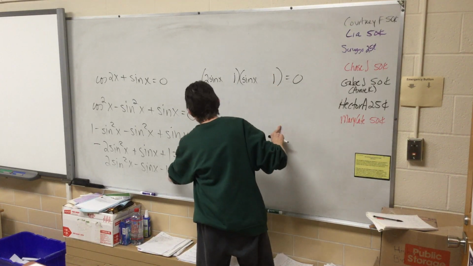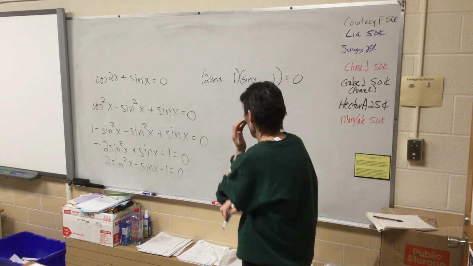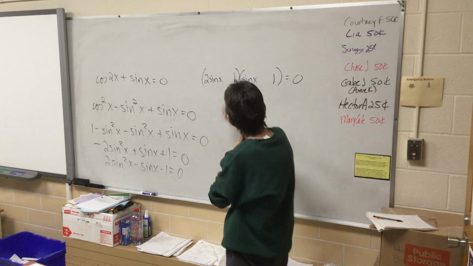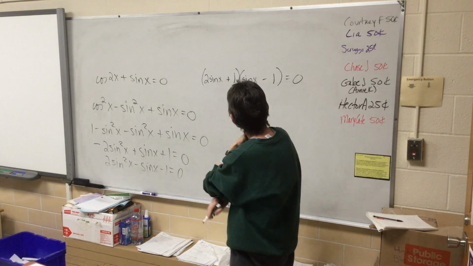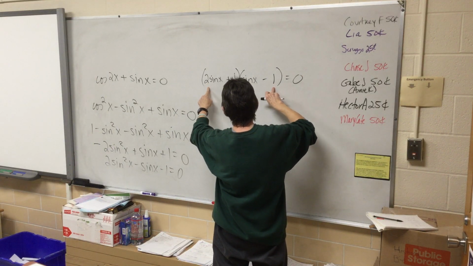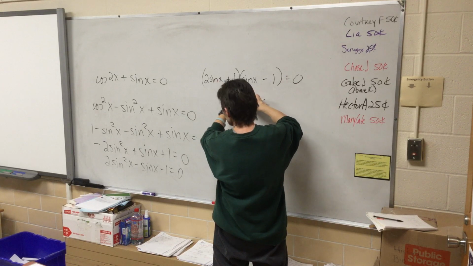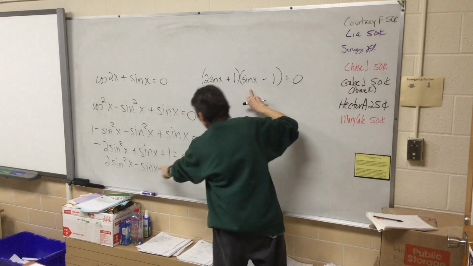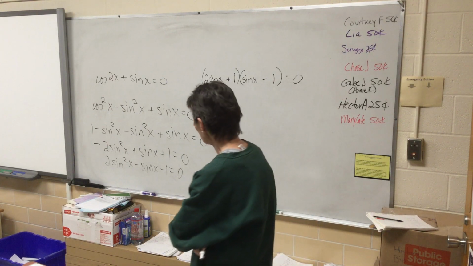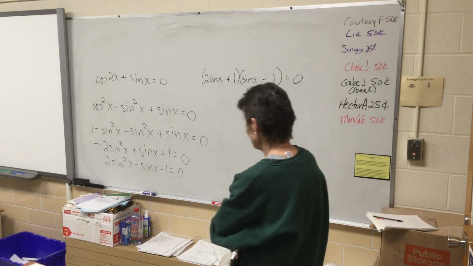That's all I can have on the end. And if I do a plus and a minus, that will make outsides be negative 2 sine and insides be 1 sine, which are what we want. So there's the factoring for that quadratic.